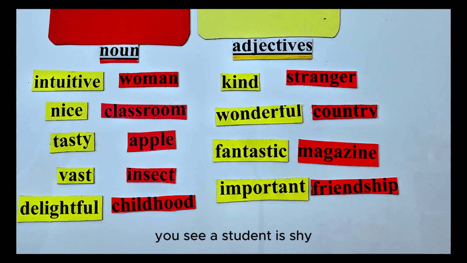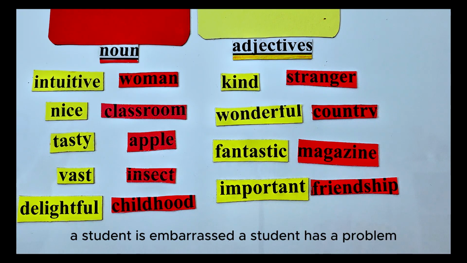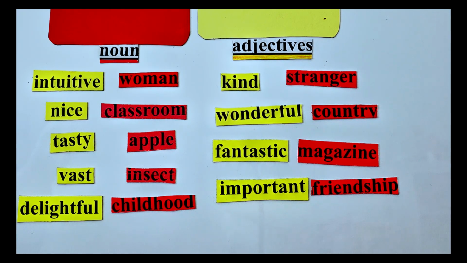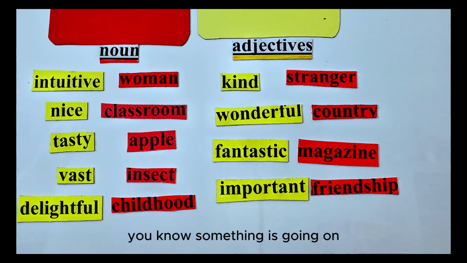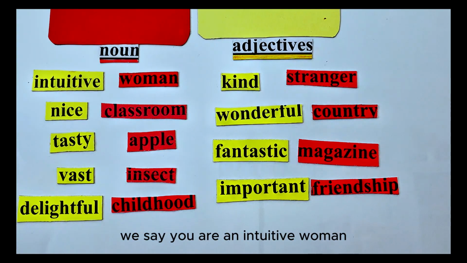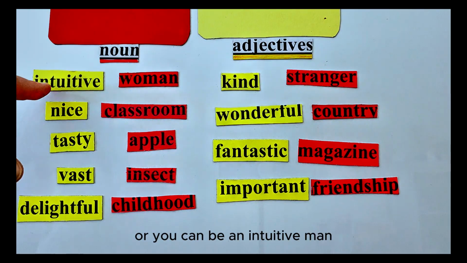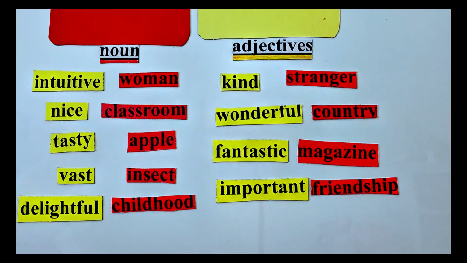You see a student is shy, a student is embarrassed, a student has a problem. They do not talk to you, but you have intuitive thoughts about that student. You know something is going on. If you have that quality, we say you are an intuitive woman, or you can be an intuitive man.